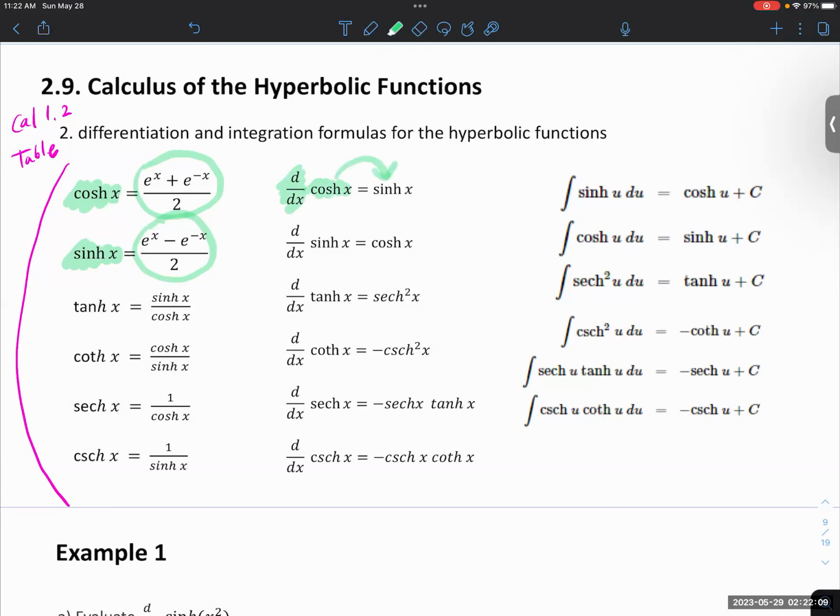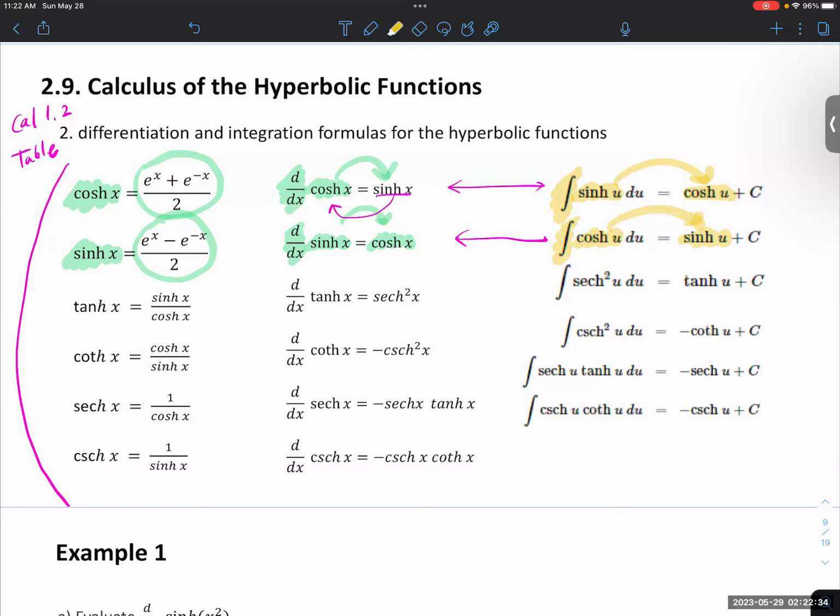Derivative of sinh, we got cosh. But then what does it mean? Antiderivative. This is the integral. If you take the integral of sinh, you're going to go back to cosh, which makes sense. And the integral of cosh, you will get back sinh. Very, very similar to the trigonometric sine and cosine functions.